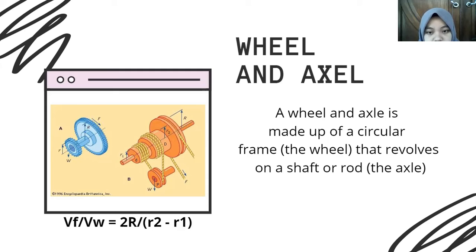The ratio is equal to twice the radius of the large drum divided by the difference of the radius of the smaller drum, and it can be expressed mathematically by the equation Vf divided by Vw equals 2R divided by R2 minus R1.